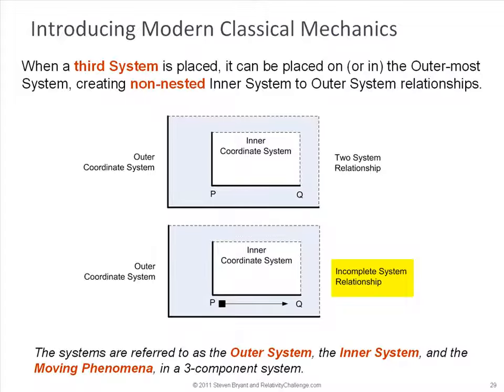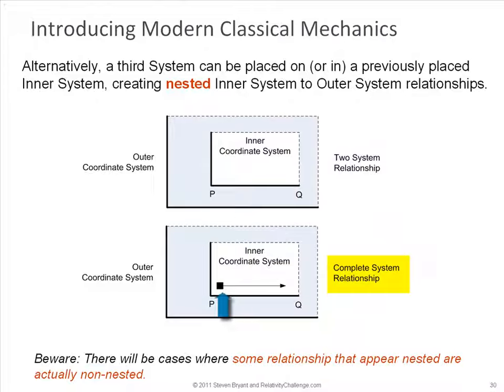This is an incomplete system relationship. Then, if we were to plot that moving phenomena on the inner system, which itself is plotted on the outer system, this nested relationship is a complete system relationship.